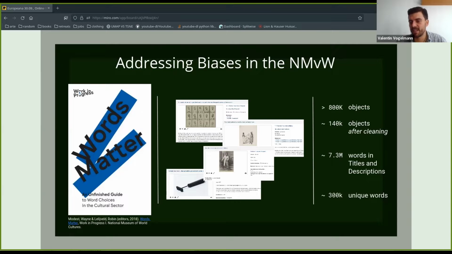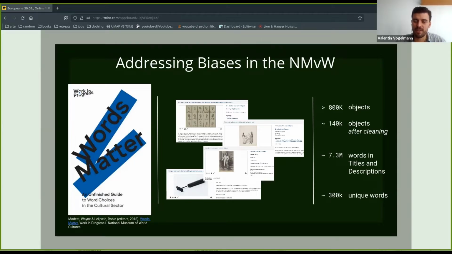After what I call cleaning, so I got my hands on this data set, of course, to work with it, and then I had to clean it for various reasons that are not part of this presentation. There's roughly 140,000 objects left, but this is still way too much to be considered by hand. The reason I'm bringing this number up is because it also gives you an idea about how complex and messy this data set is.